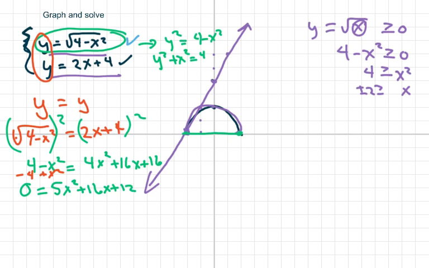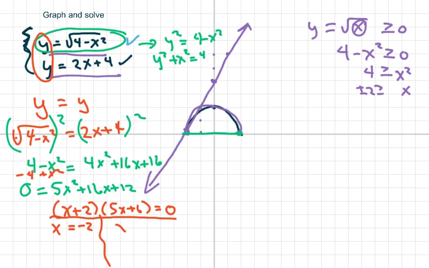Now we're going to factor this, and when we factor we're going to get x plus 2 times 5x plus 6 equals 0. Now for this first part, here we get x equals negative 2, and for the second part we get x equals negative 6 over 5, just from solving.